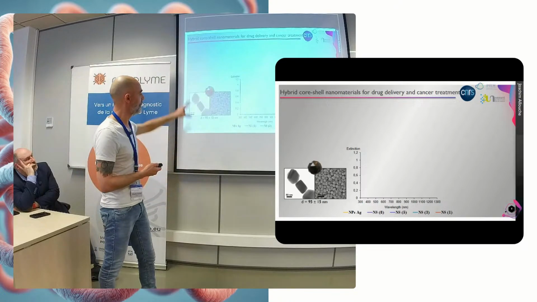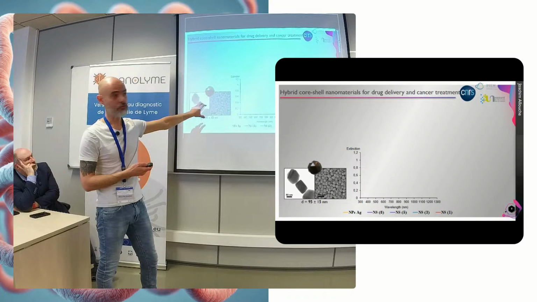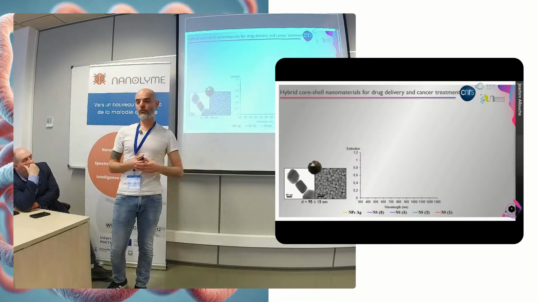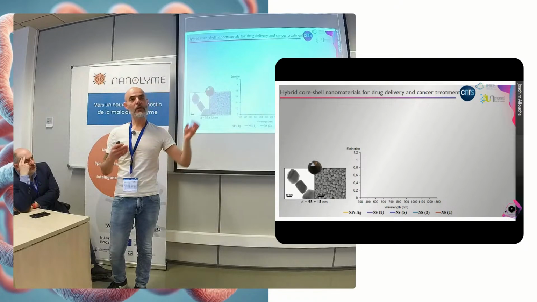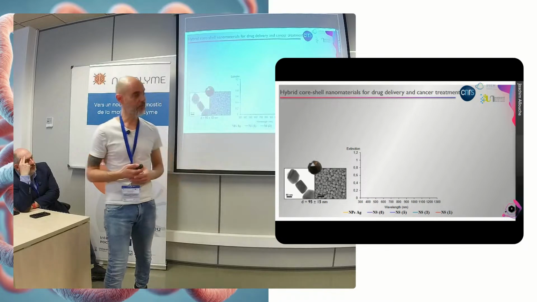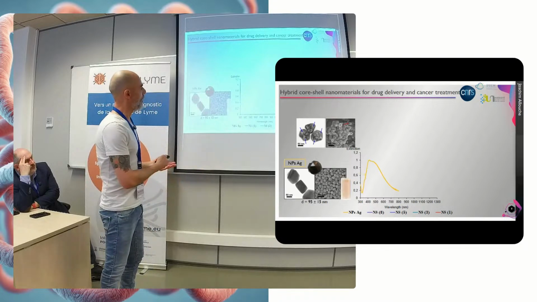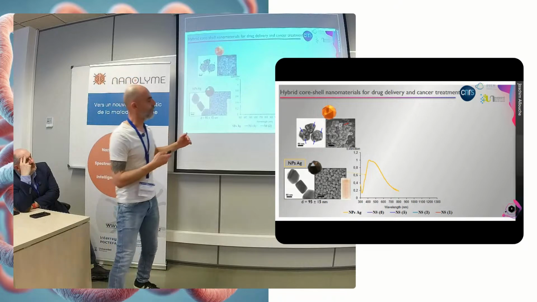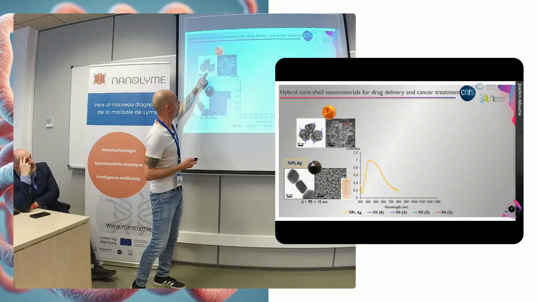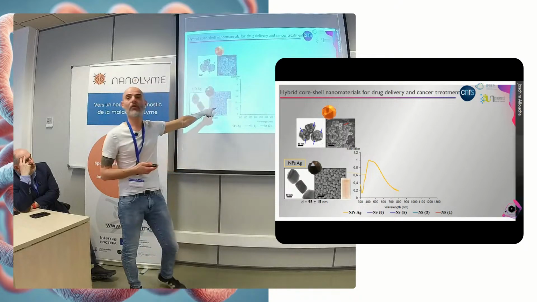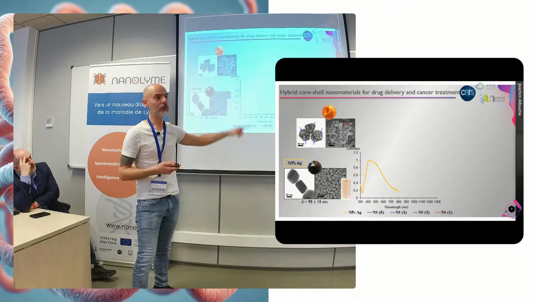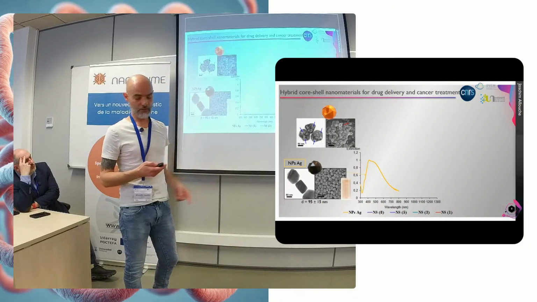For example, we start with silver nanostructures, and after we use a redox reaction by adding gold ions to the silver nanoparticles. By this way, we made a redox reaction with the creation of hollow structures within the silver particles. So we have oxidation of the silver and deposition of gold around the silver particles.